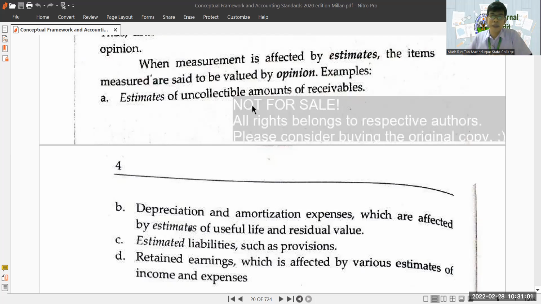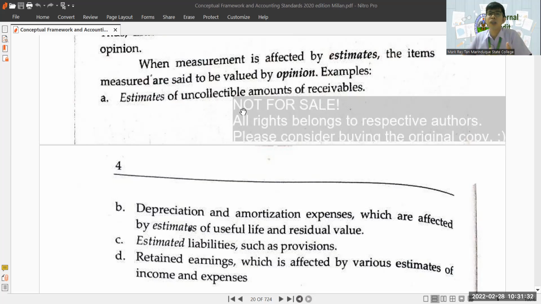So, syempre, si entity, diba, kailangan niyang mag-assume based on that table or based on that series of accounts receivable from the customers. So, meron tinatawag na aging of accounts receivable. Whereas, merong certain percentage na minumultiply sa amount na ina-assume na yun yung makokolekta. And on the other hand, yung mga hindi makokolekta, di uncollectable na yun.